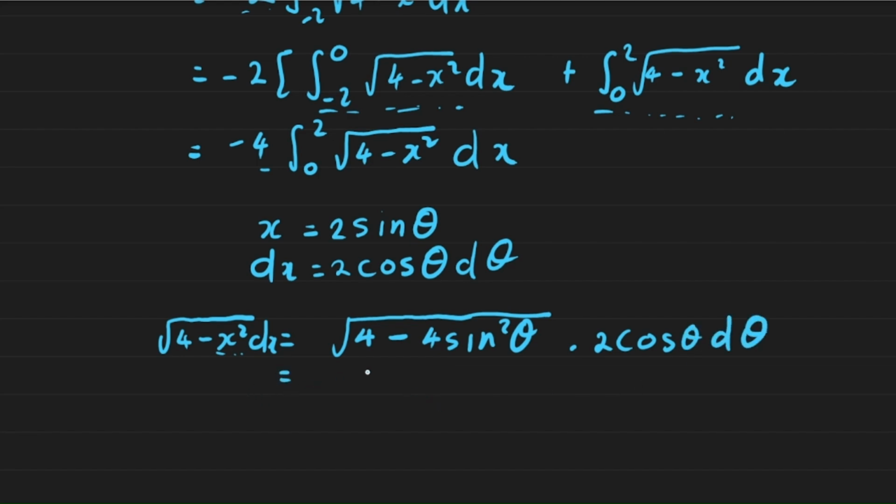So simplifying this, we just bring out 4 as a common factor inside the square root. So that gives us 4 into 1 minus sine squared theta times 2 cos theta d theta. We know from our trigonometric identities that sine squared theta plus cos squared theta is equal to 1. So I could just write that along the side.